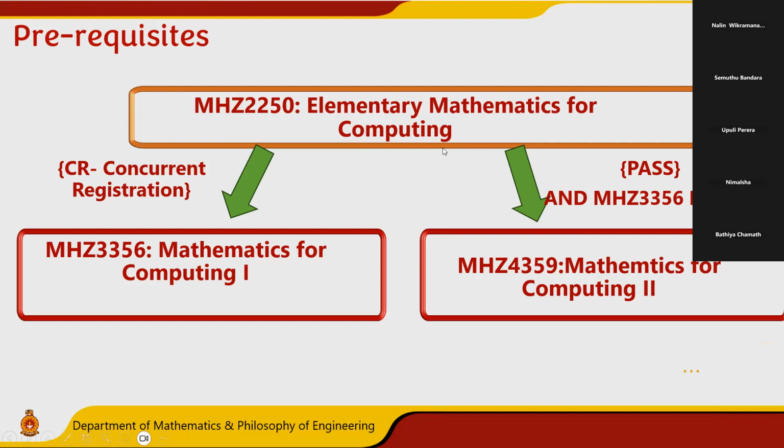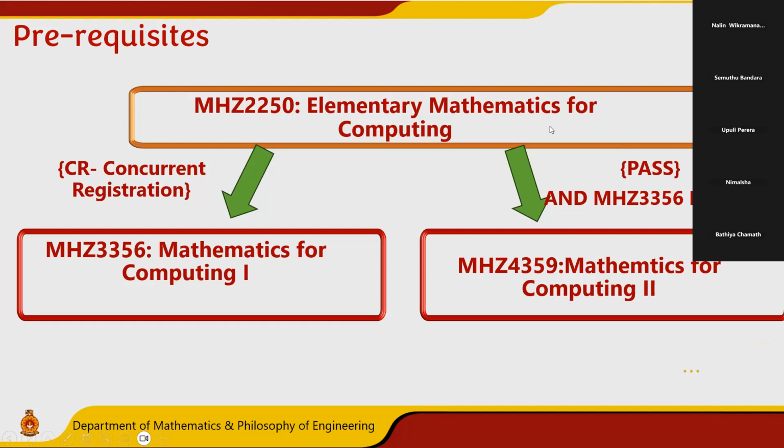Again, this elementary mathematics for computing course becomes a prerequisite for MHZ 4359, Mathematics for Computing 2, which is offered in semester 3, in the second year.